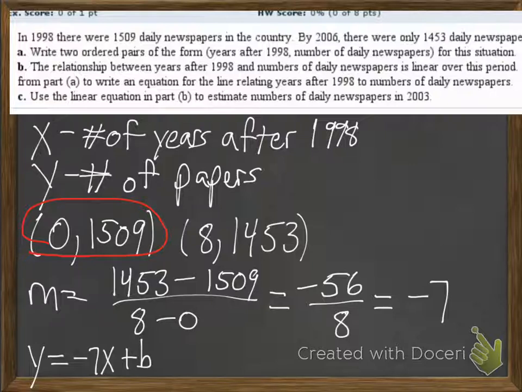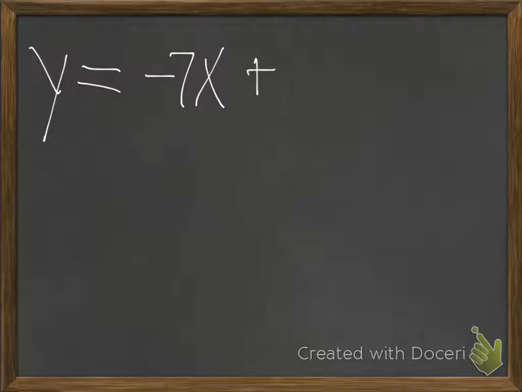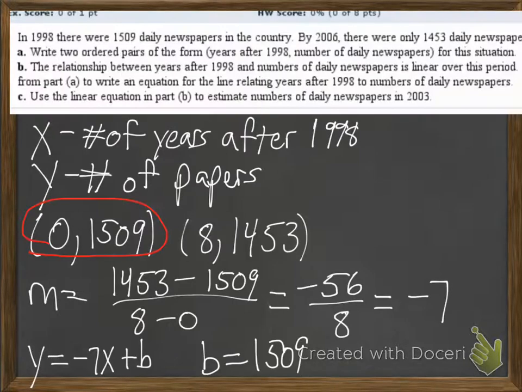So we know that b has to be 1509. And so our equation of our line then is y equals negative 7x plus 1509. So now we have found our equation.